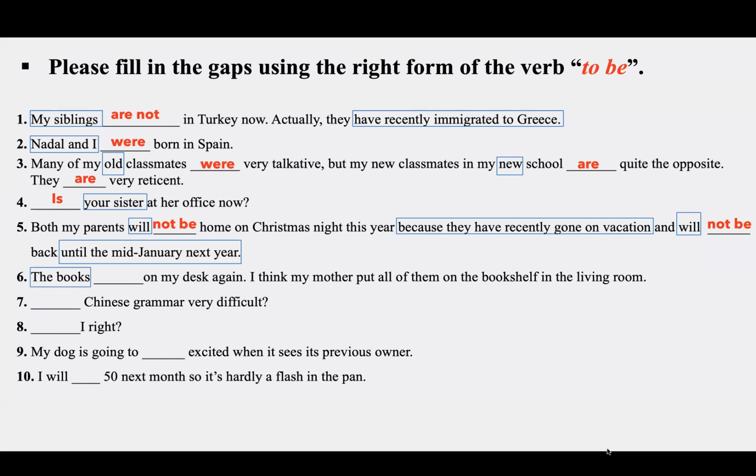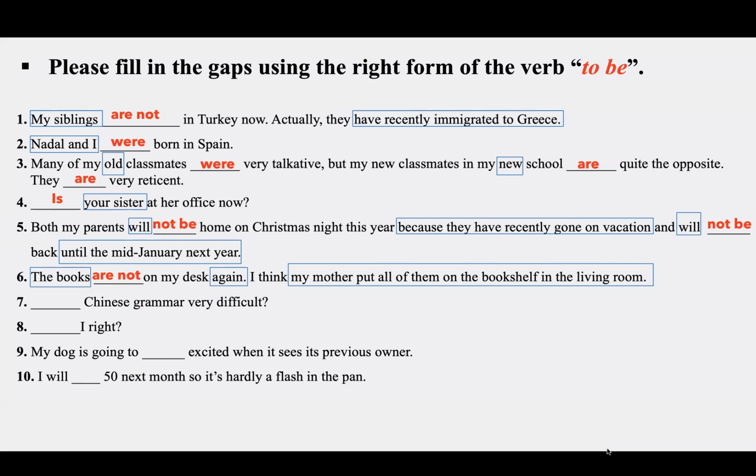And it's talking about present time now, because someone is talking and saying that the books, okay, again, here we go, are not on my desk again. The books are not on my desk again. And the second sentence explains why the first part should be negative, because this person thinks my mother put all of them on the bookshelf in the living room.